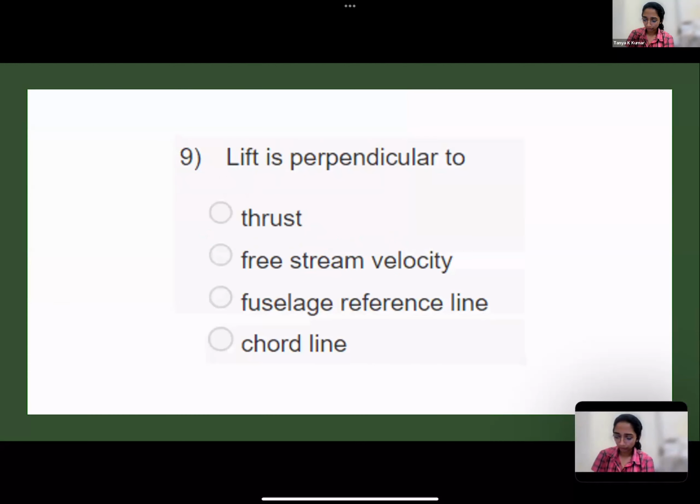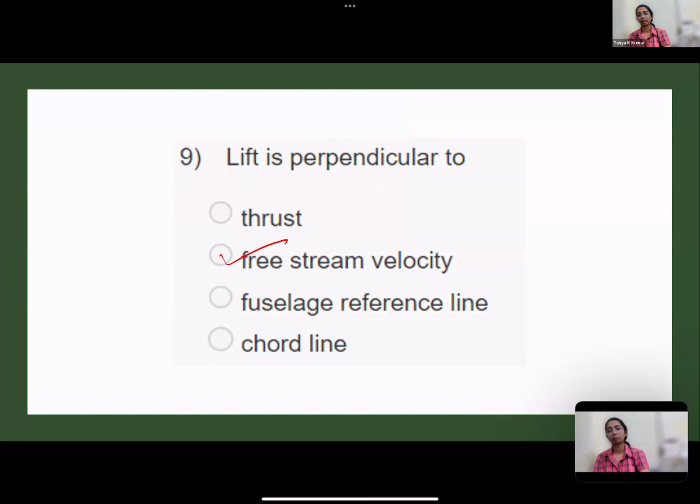All right. Next question. Lift is perpendicular to free stream velocity. What is parallel to free stream velocity? We have other forces too, right? So lift is perpendicular to free stream velocity.